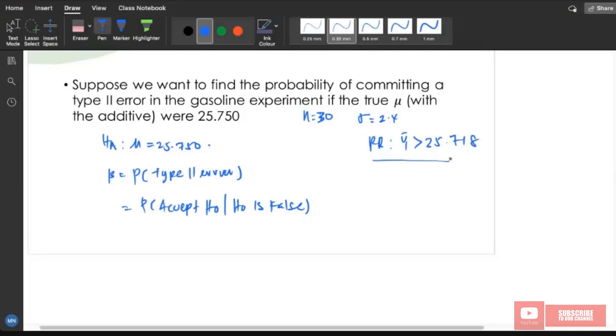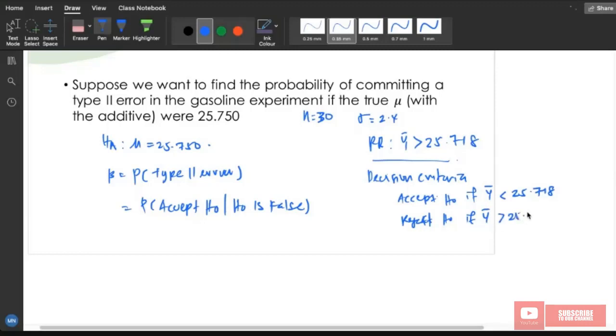So this is the rejection region. So the decision criteria: accept the null hypothesis if y bar is less than 25.718. So we reject the null hypothesis if y bar is more than 25.718.